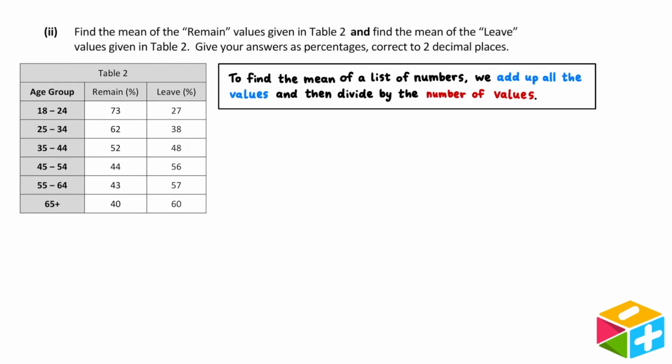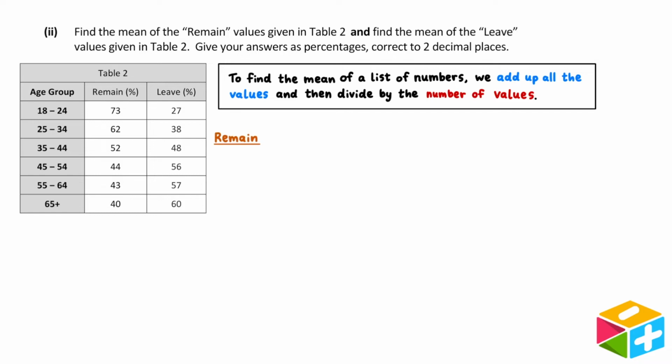The key fact that we need to know to be able to solve this question is the following. To find the mean of a list of numbers, we add up all the values and then divide by the number of values. We need to find two means here, the mean of the remain values and the mean of the leave values.